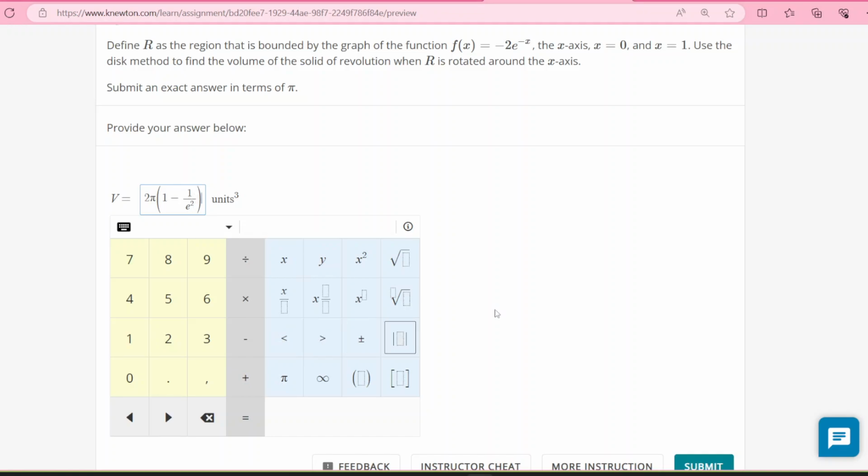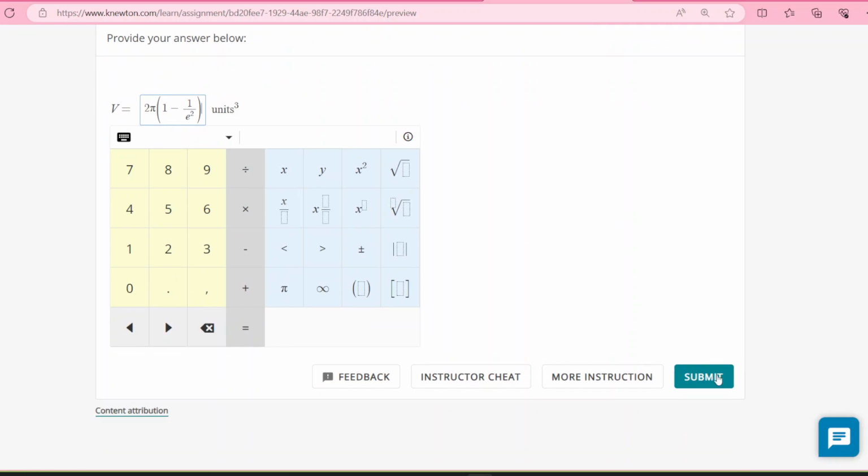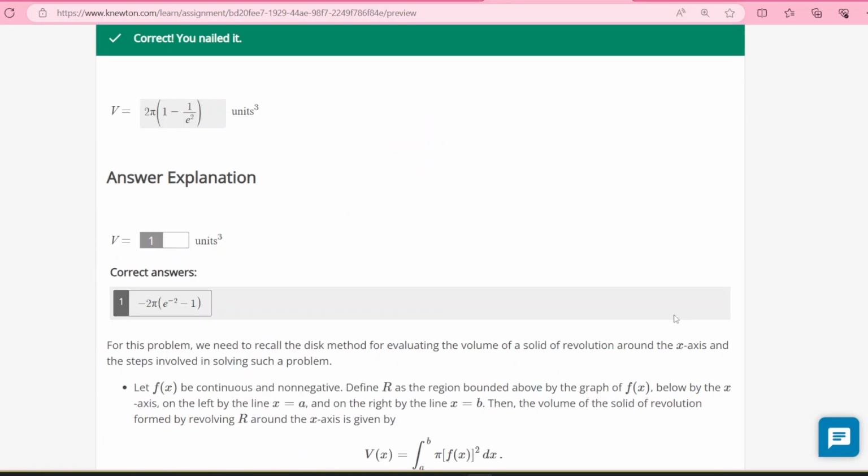And that should be good. Beautiful. They wrote it out with e to the negative second. They pulled a negative out, but it's the same value. So like I said several examples ago, if you enter a number that's equivalent to what they have, they just give it to you.